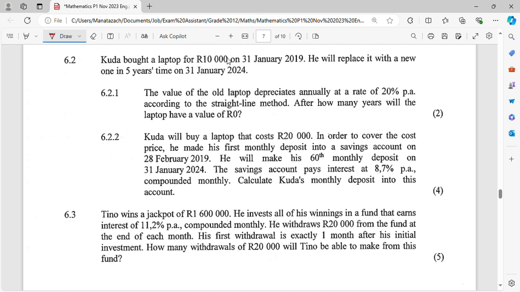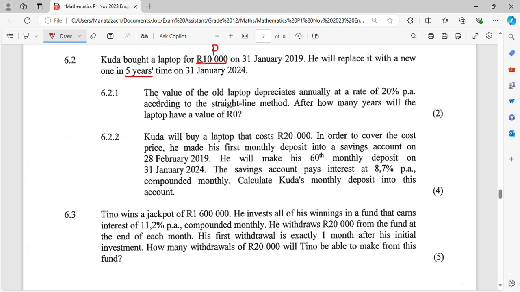So you notice that 10,000 is going to be the P, because that's the amount that is presently relevant. So the N is 5 years. If it's going to be monthly payment, we know that the 5 years we'll have to multiply by 12 months basically.